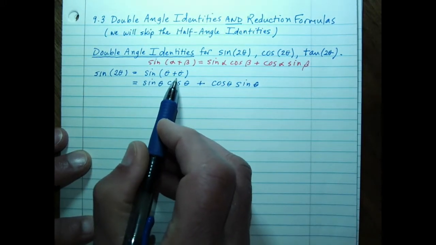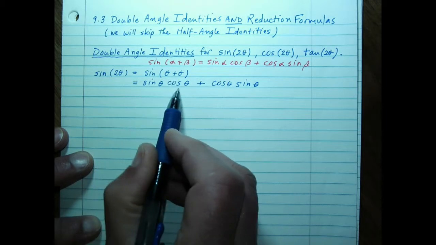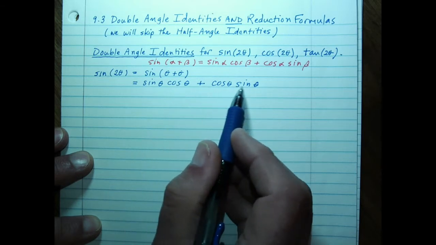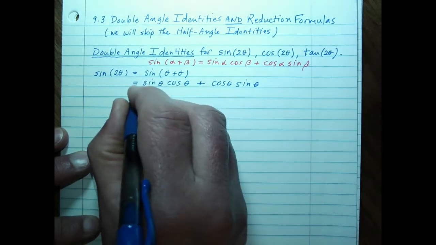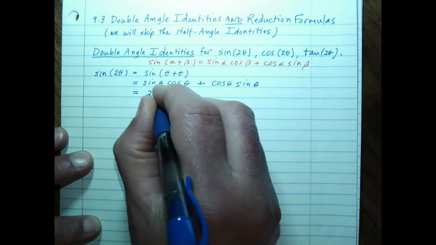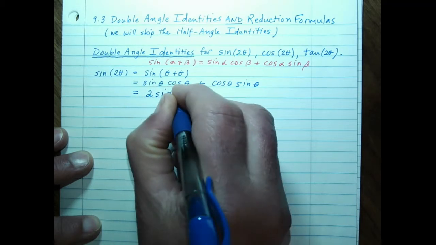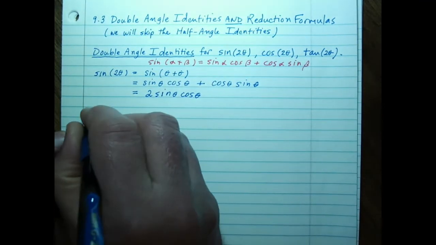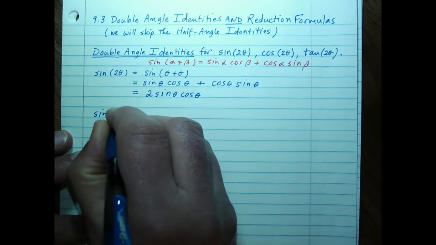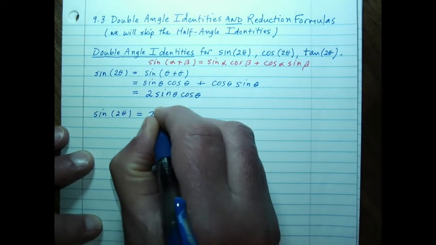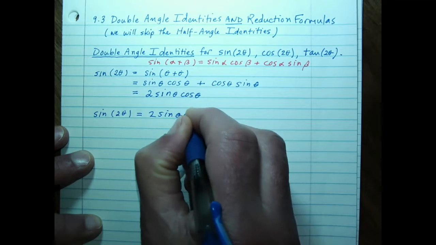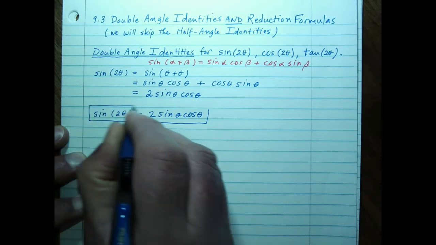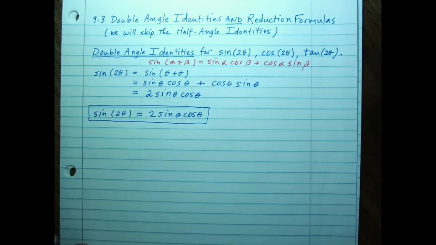So for this theta plus theta situation, I end up with 2 terms that are actually like terms, sine theta cosine theta. The second term is also sine theta cosine theta. So I can combine them, I can add them together, and just write that as 2 sine theta cosine theta. And so if I write sine 2 theta equals 2 sine theta cosine theta, I have my double angle identity for sine.